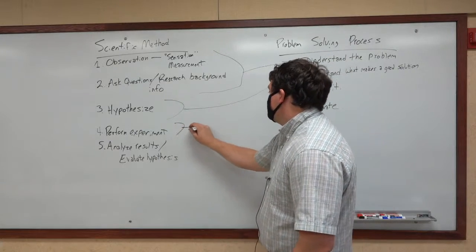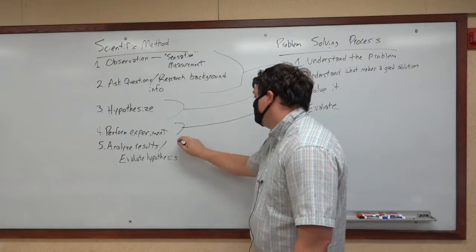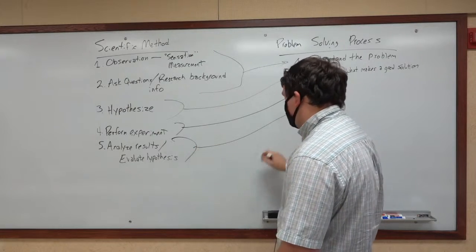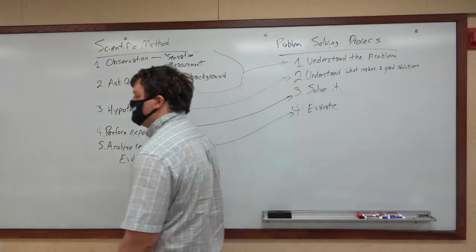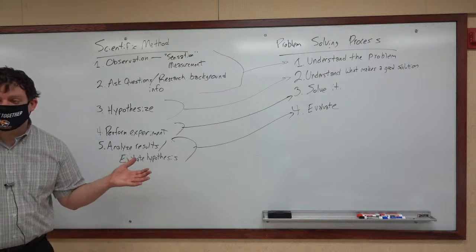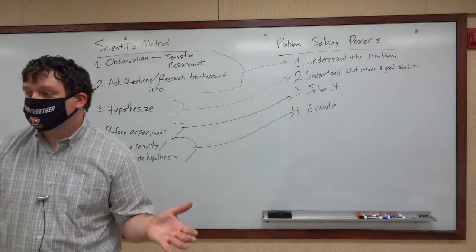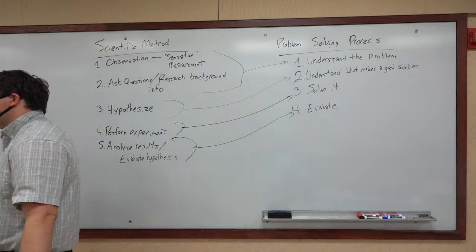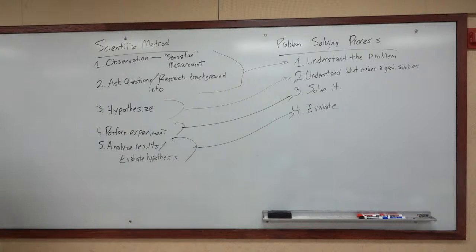You perform the experiment, that's solving it. You analyze the results, that's figuring out whether or not your solution worked. These are the same things. Now, this is a little harder to see. When we do the problem-solving process and I come up with the iPhone, that's a little easier. Oh, he was problem-solving and he created something as a result.